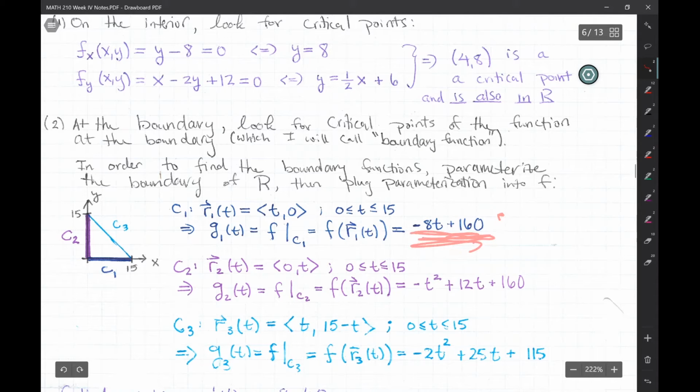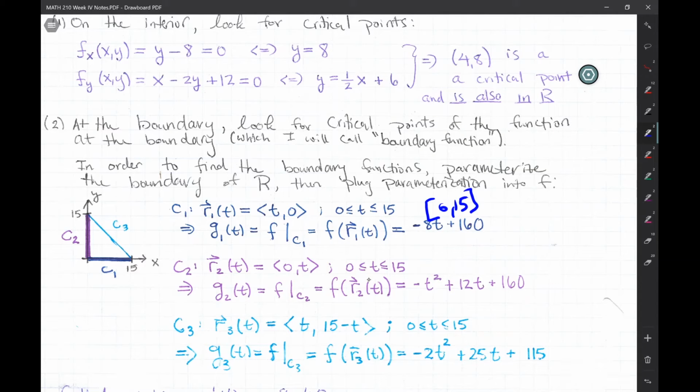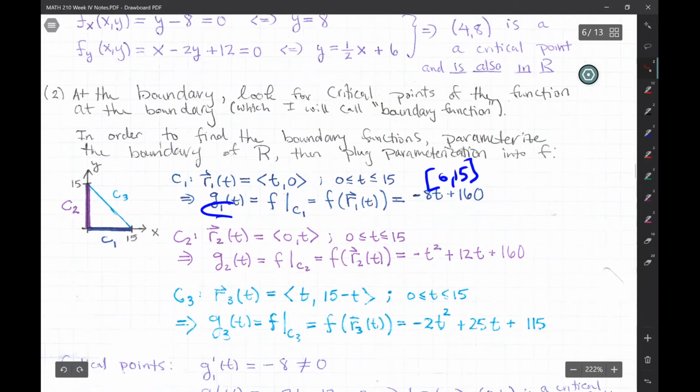You're seeing the value of our function of 2 variables only along C1, okay? And we stay only along C1 by making sure that we consider only the interval 0 to 15. That's where t is defined for our parameterization. Okay, so we then have G1. G1 is going to be negative 8t plus 160.